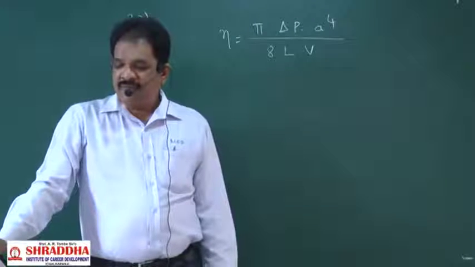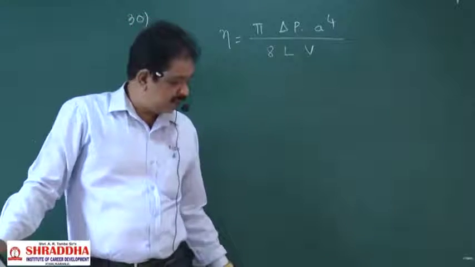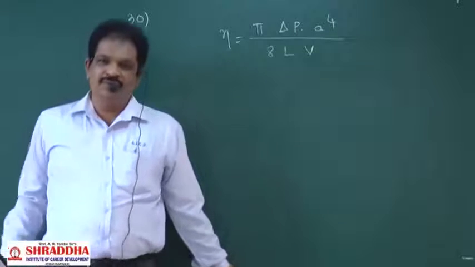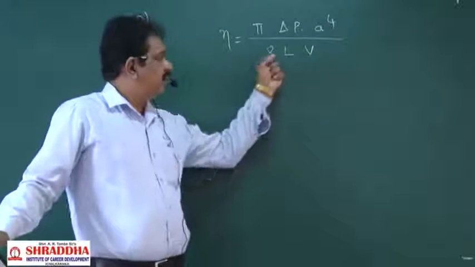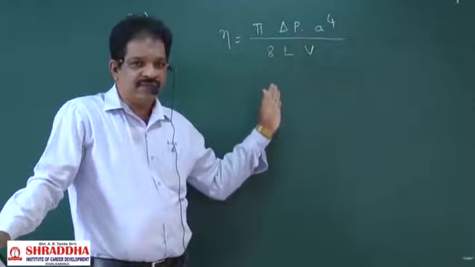The maximum error that enters the calculation of η due to the measurement of... Okay, simple question only. Easily you can find the answer. Actually, what they are asking, I will tell you.